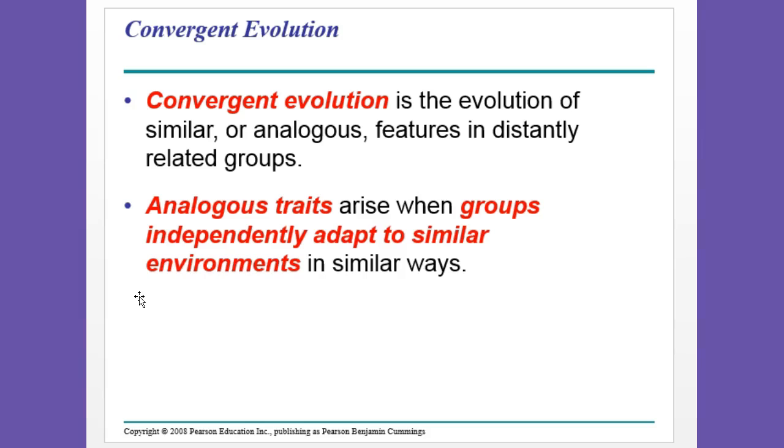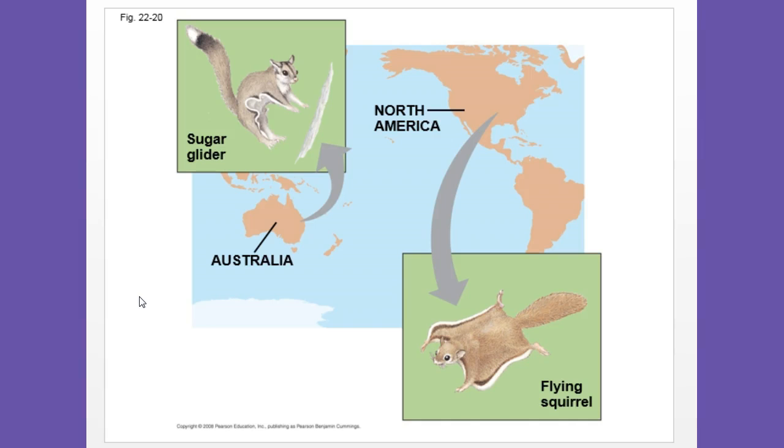Convergent evolution is the evolution of similar or analogous features in distantly related groups. Analogous traits arise when groups independently adapt to similar environments in similar ways. So they do not share a common ancestor, they share a common location, a common environment, and they adapt to that environment the same way, or in similar ways. An example would be a sugar glider and a flying squirrel.